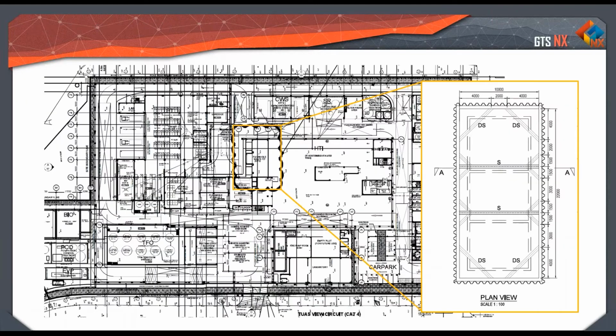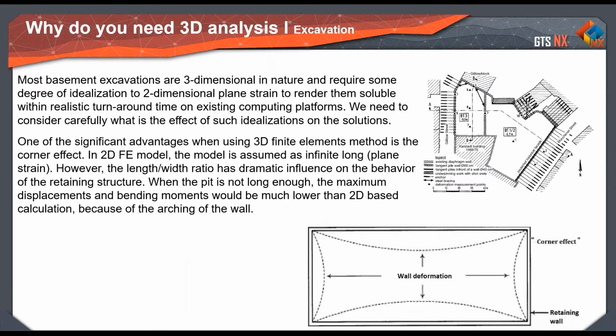Okay, this is the drawing of the excavation layout plan. And this is what I said about the 3D analysis. Why do we need to carry out the 3D analysis?